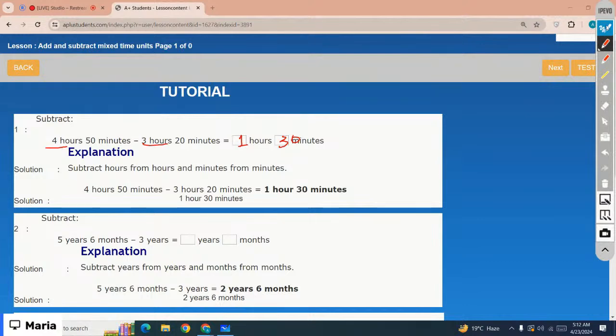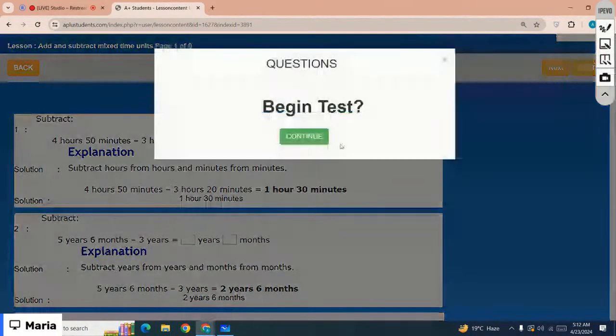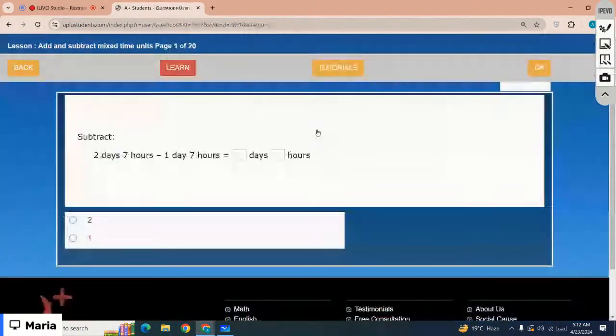Always add or subtract the same units, right? Okay, 2 days 7 hours minus 1 day 7 hours, which is the correct option?